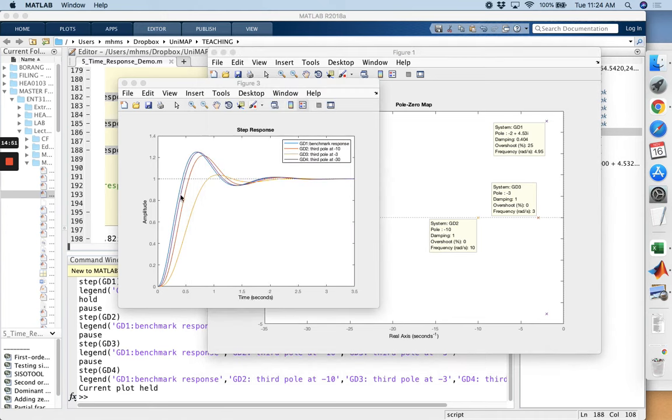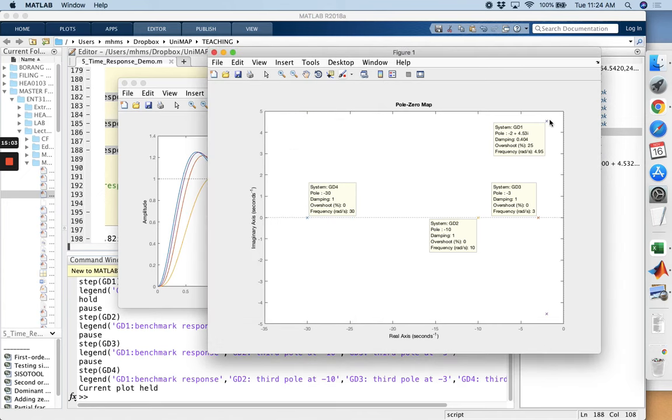For the purple plot here, the purple plot is a third order system as well. It has 3 poles. The first pole is negative 2 plus 4.53i, the second pole is at negative 2 minus 4.53i, and then we have the third pole located far to the left, at negative 30.